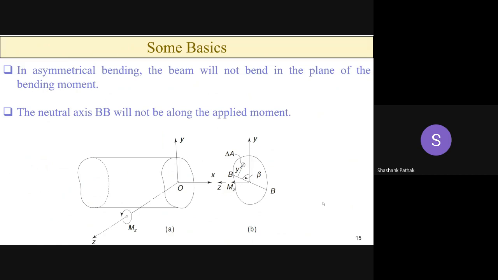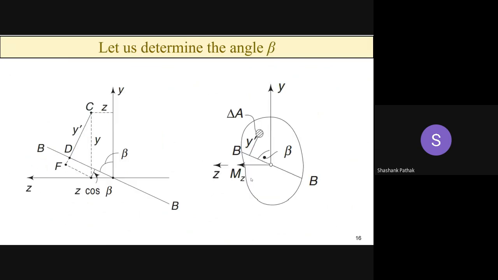In asymmetrical bending, the beam will not bend in the plane of the bending moment, as I have already discussed. And the neutral axis BB will not be along the applied moment. So now we are interested in determining this angle beta. That is our next target.